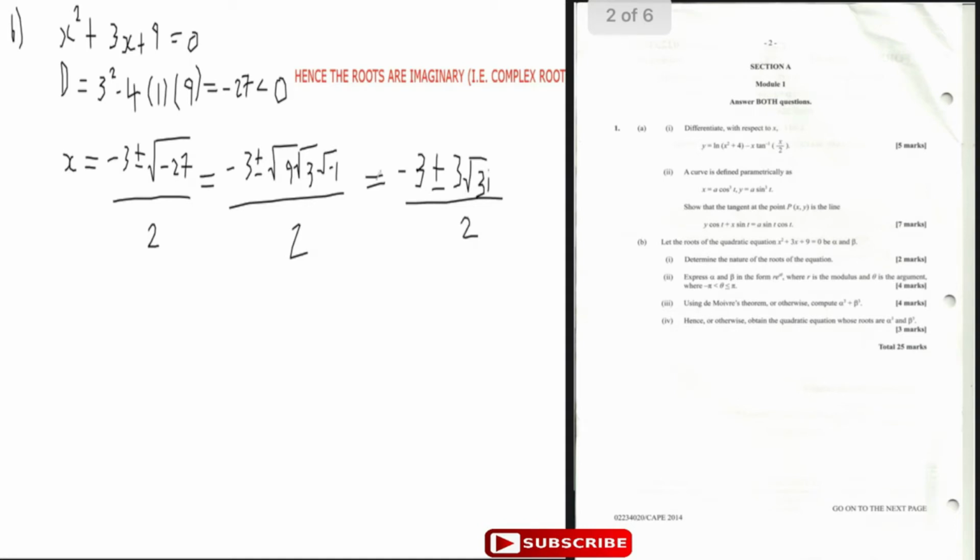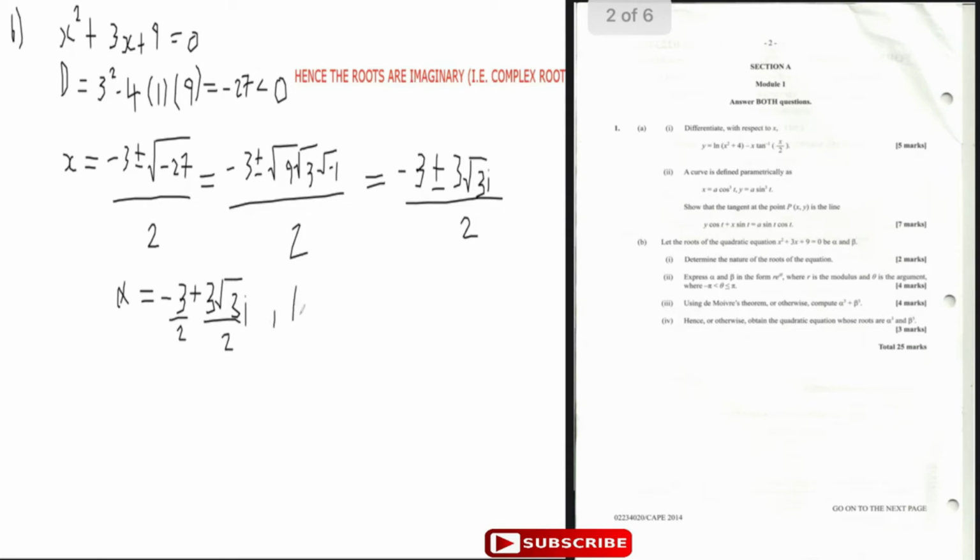All right, that's what I'm getting. So, of course, you can call one of the roots alpha. Maybe alpha is equal to minus 3 plus 3 root 3 i. And remember, both of them are divided by 2, so it's minus 3 over 2 plus 3 root 3 over 2 i. That's alpha.